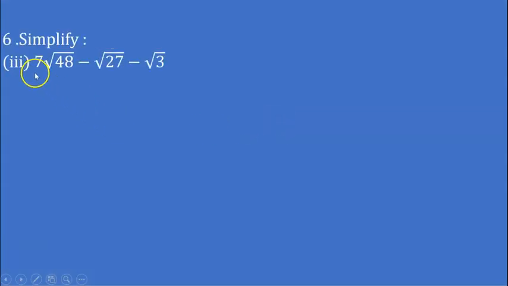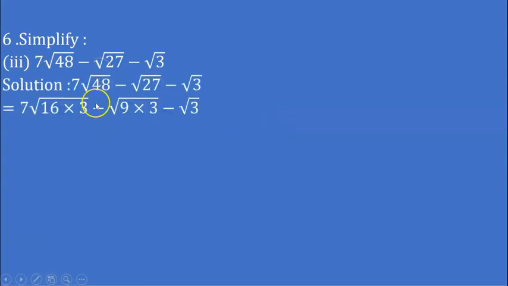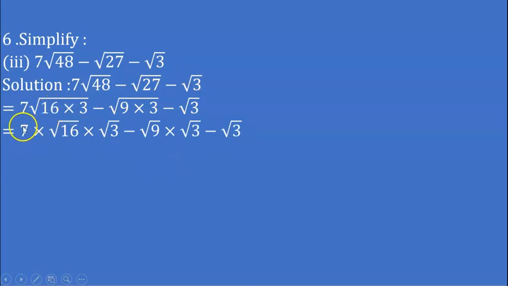Next example. 7 root of 48 minus root of 27 minus root 3. Now root of 48 can be written as root of 16 into 3, and root of 27 means root of 9 into 3, minus root 3. Again separate this: 7 root of 16 into root 3, root of 9 into root 3, minus root 3. Root of 16 means 4, so 7 into 4 root 3.